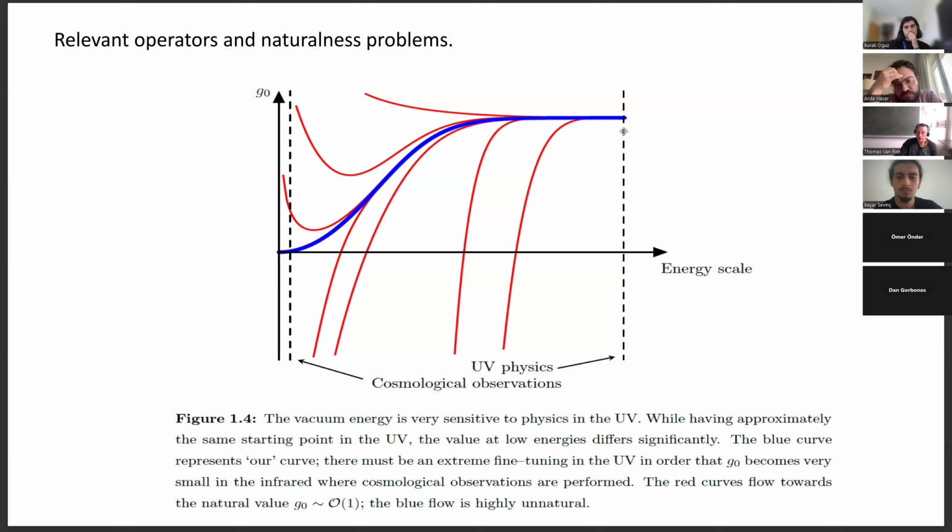And so what you can try to do is fine tune your Lagrangian such that at high energy scales, you fine tune it very precisely so that if you flow it to low energies, it becomes very small. But you see that the smallest change in the ultraviolet, you go 1 micromillimeter up or down, will make this relevant parameter go either to very big positive values or very big negative values, right?